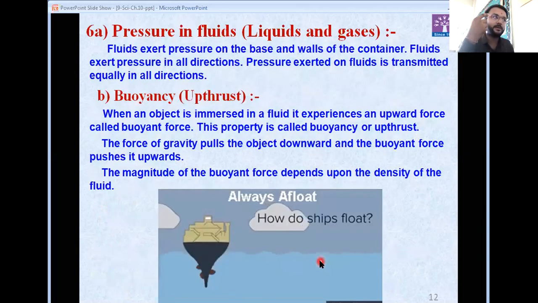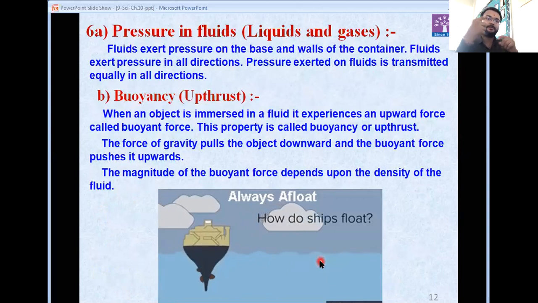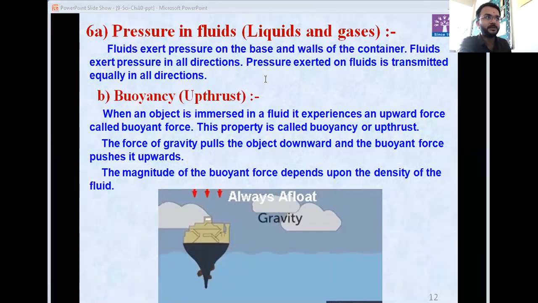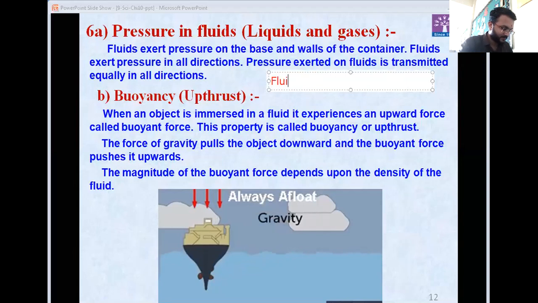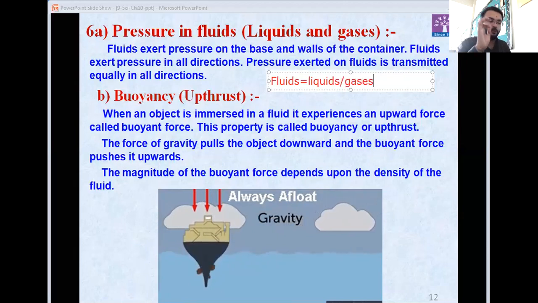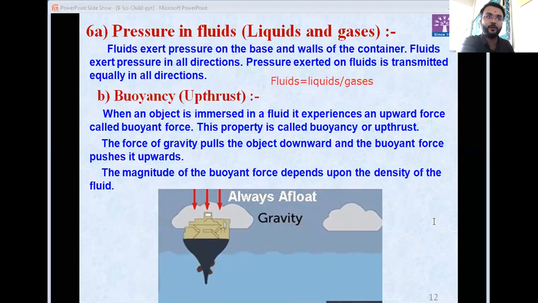Now dear students, if we think about pressure exerted by fluids, then first of all the question may arise: what is the meaning of fluid? In fluids, liquids and gases both are considered as fluid.